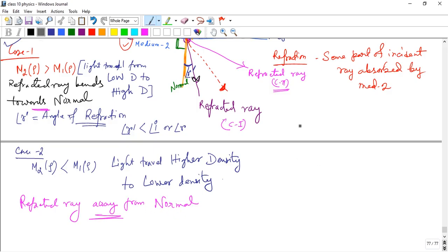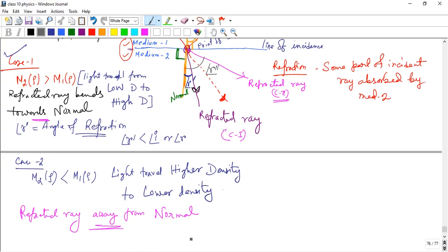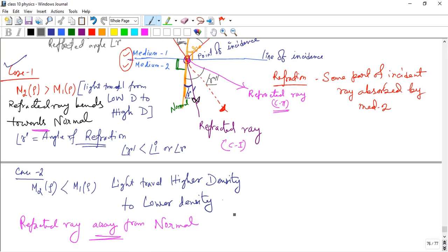So that's the angle. Now the normal to the refracted ray makes an angle, that is R double dash here, and that is R double dash, the refracted angle here.